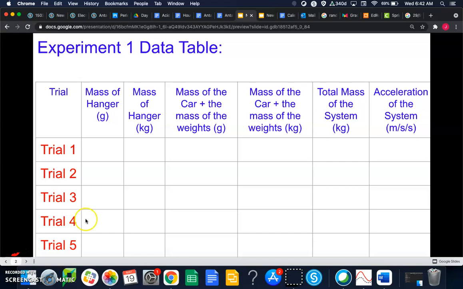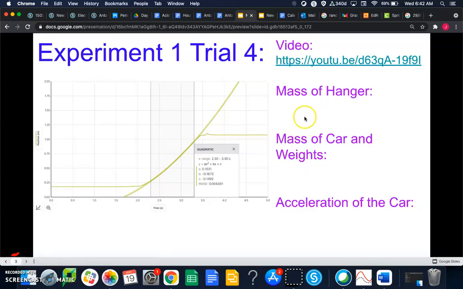Recall from that the mass of the hanger was 50 grams, and in that trial the mass of the car and weights was 758.8 grams. I think that was because the car was 258.8 grams and the mass that we put on top of the car was 500 grams. So all total, the car with the weight on top of it weighed 758.8 grams.